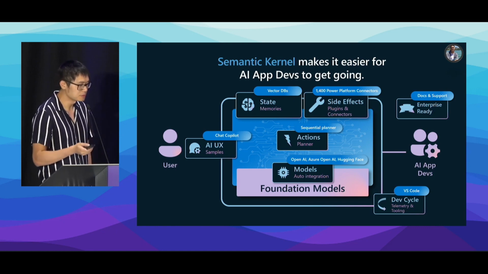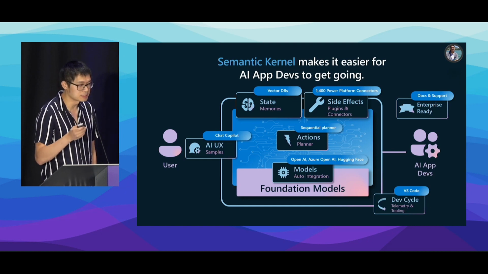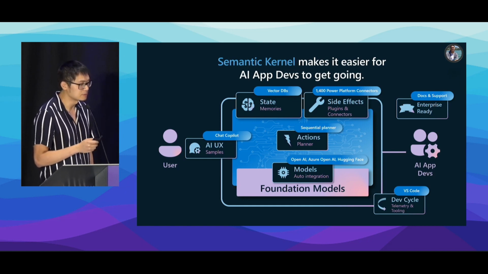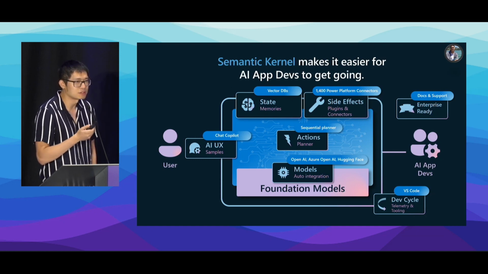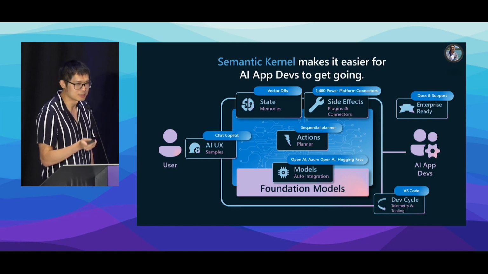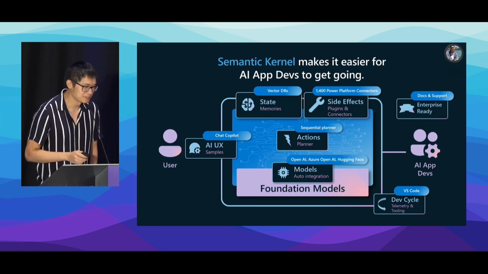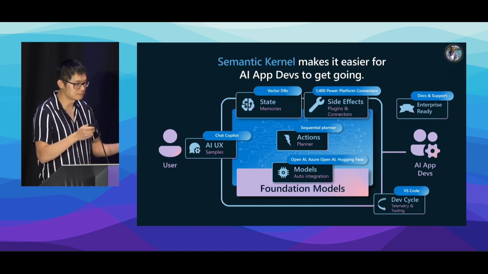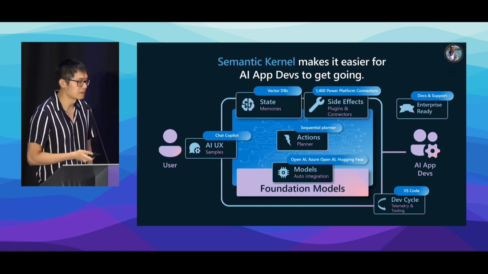And in terms of the full dev cycle, which is super important if you're going to be talking about rolling something out into production, things like telemetry and just overall dev tools, we have that as well. But that's a subject for another talk. But all this, hopefully, if you see this big picture, is meant to empower the AI app developer.